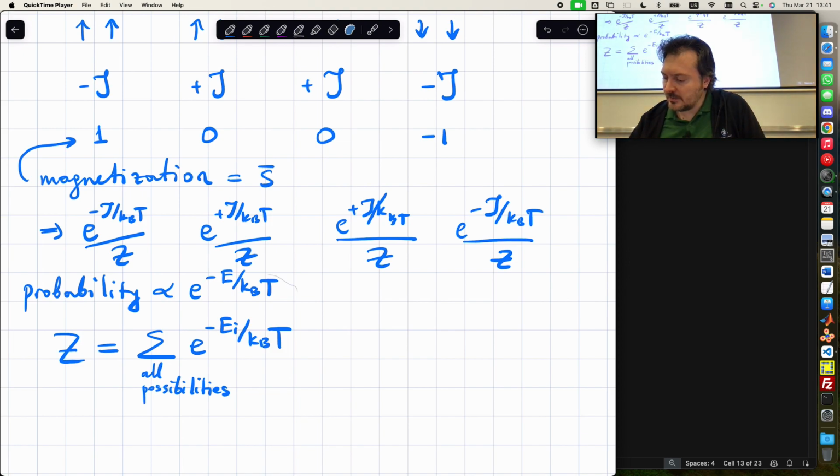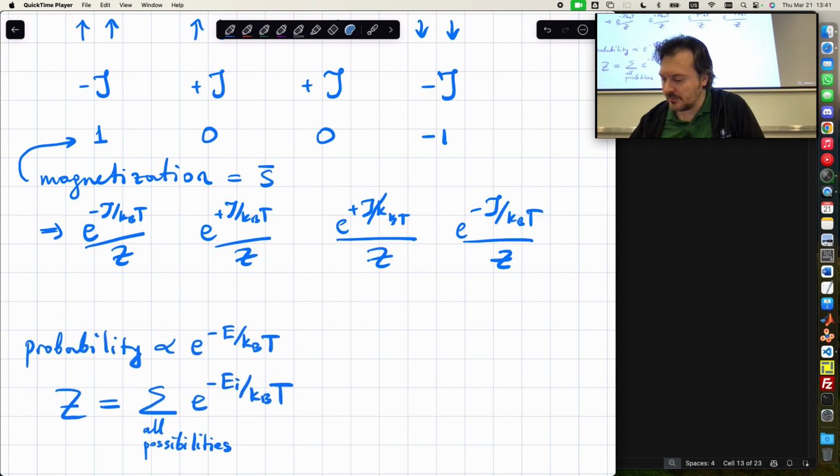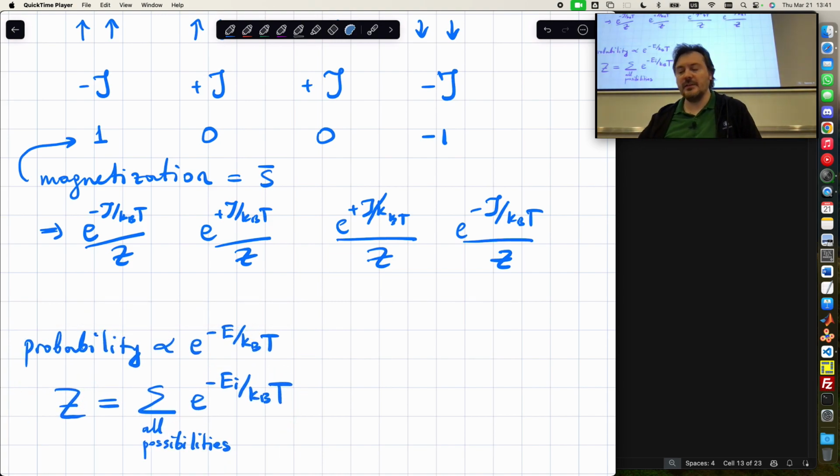When I change the temperature, what happens to the system? When I increase the temperature, what happens to these probabilities? Let's say temperature is almost infinite. Okay? What happens to these systems?